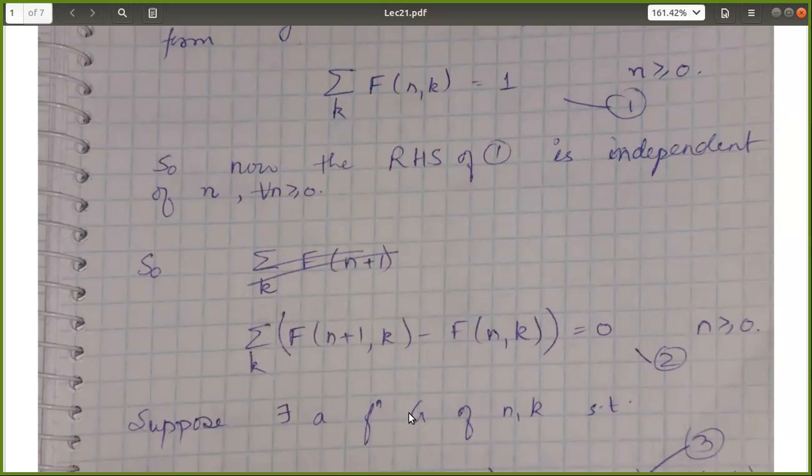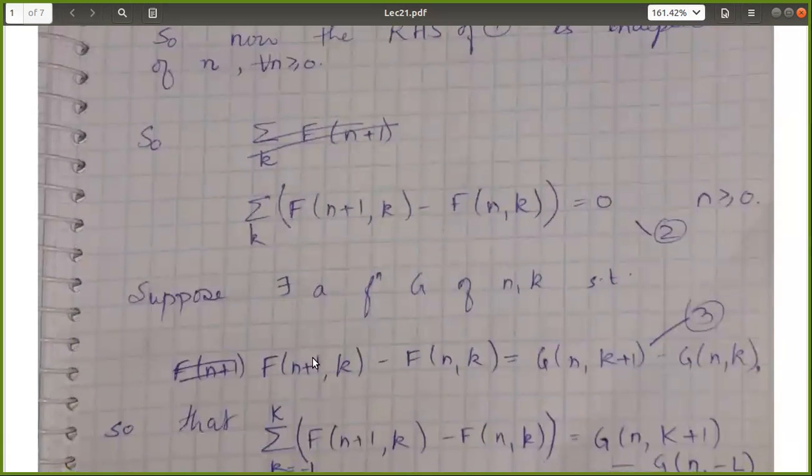So suppose you have a function g which satisfies this equation, that f of n plus 1 k minus f of n k, which is this inside summand, is equal to the difference of the function evaluated at n, k plus 1 and n, k.